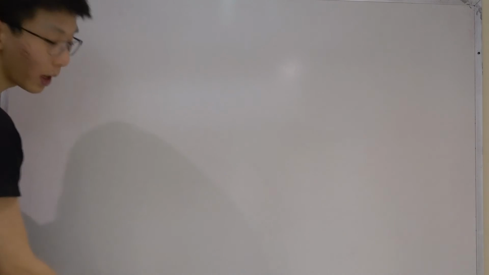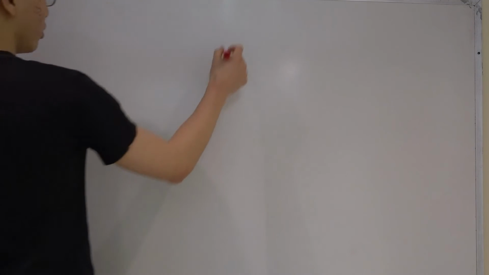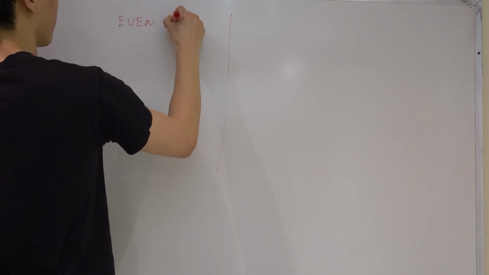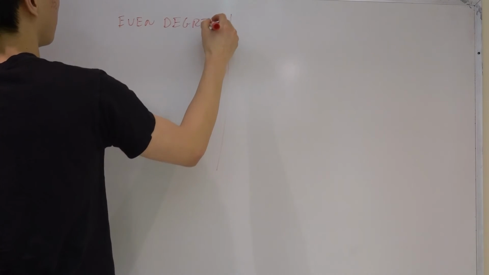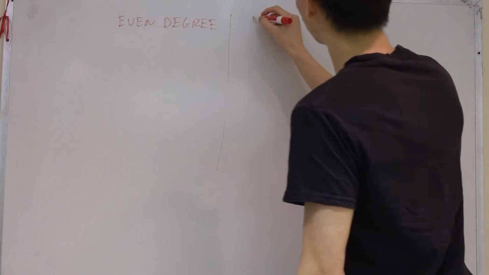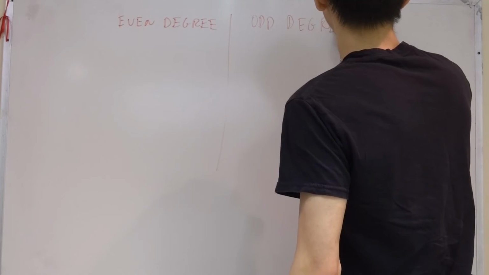Right, okay, so now we have to tackle end behavior. So the best way I can think about end behavior is splitting it into 2 cases. Okay, so we have even degree. So remember, degree is just the highest power in your polynomial. Even degree and odd degree.